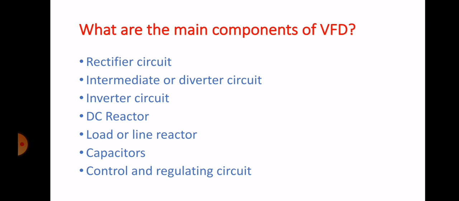Second question, what are the main components of a VFD system? The main components are the rectifier circuit, which rectifies the AC input into DC; the intermediate or diverter circuit, which diverts the load for forced commutation system; the inverter circuit, which inverts the DC power into AC; the DC reactor, a device used for smoothing of DC power; and the load or line reactor.